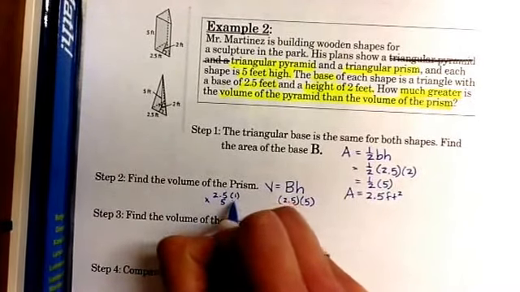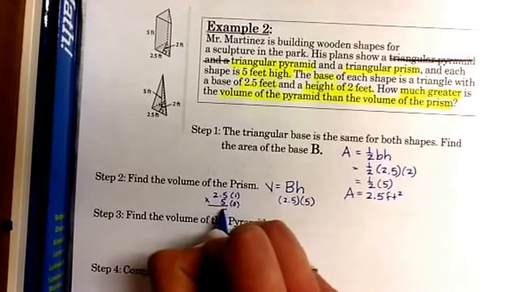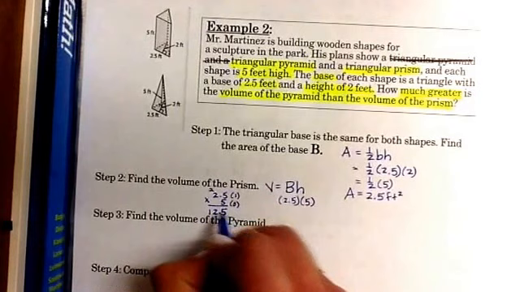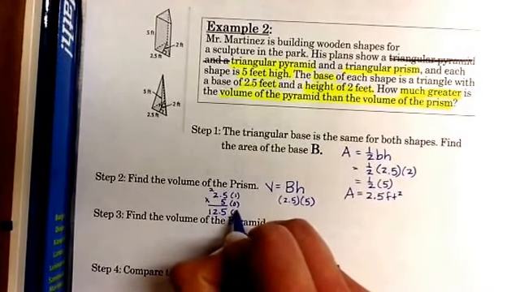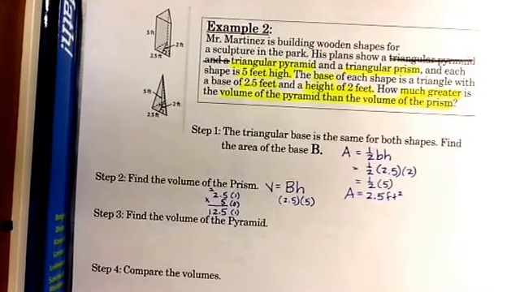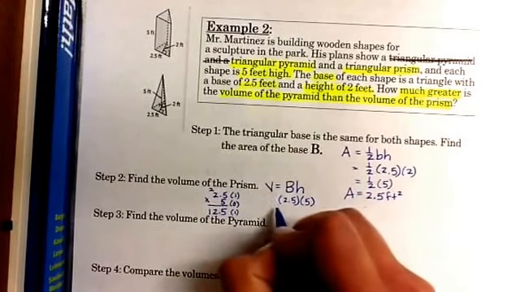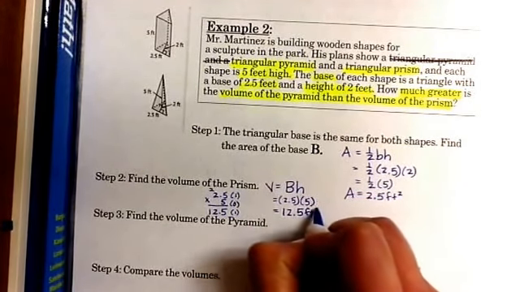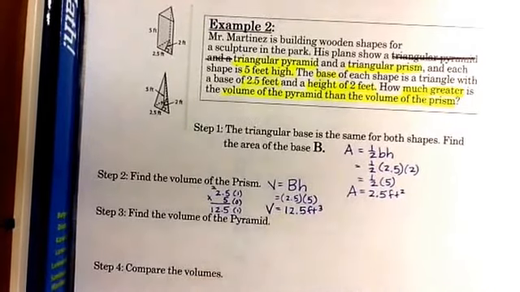There's 1 decimal here, none here. That's 25. 10 plus 2, that's 12. Bring your decimal back in because there's 1 decimal total in the problem. So that's 12.5 feet cubed, and that's the volume of our prism.